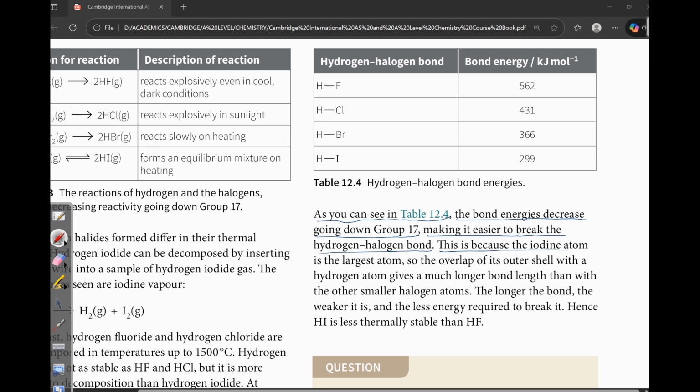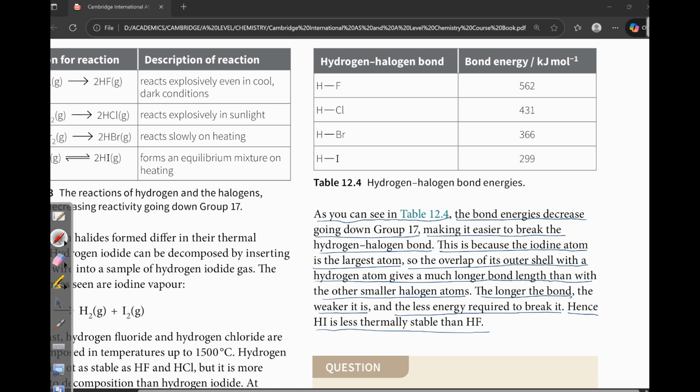This is because the iodine atom is the largest atom, so the overlap of its outer shell with the hydrogen atom gives a much longer bond length than with the other smaller halogen atoms. So the longer the bond, the weaker it is, and the less energy required to break it. Hence, hydrogen iodide is less thermally stable than hydrogen fluoride.